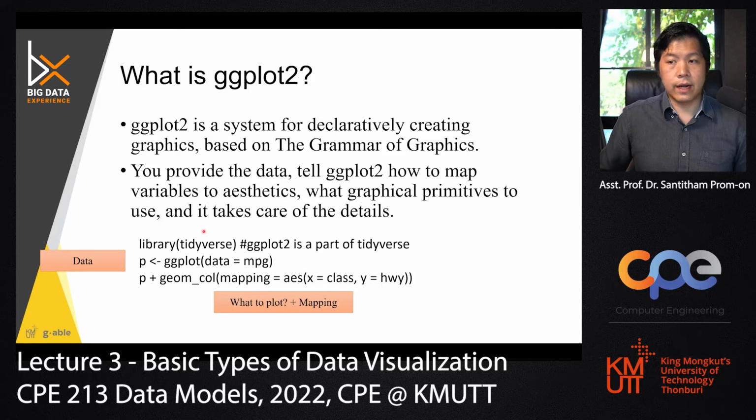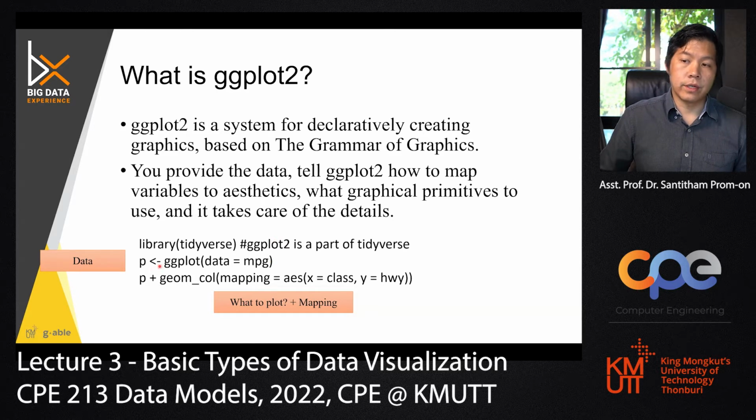First, you need to declare the library usage. Usually you can just declare ggplot2 using library(ggplot2) or library(tidyverse). And then we are going to use the mpg data, which I will explain briefly later on, to create a plot.